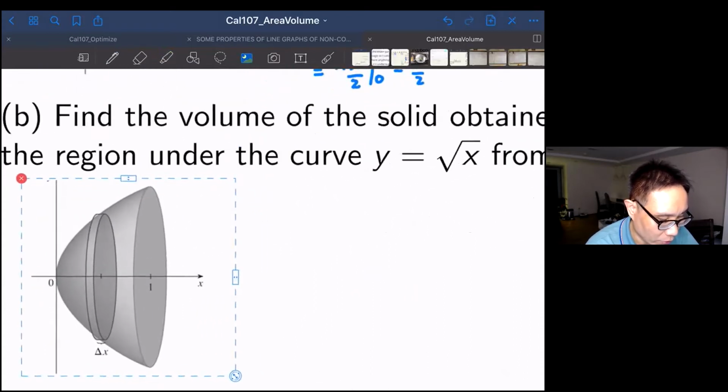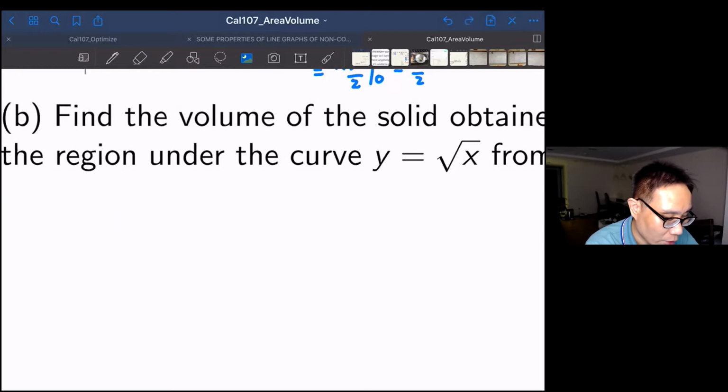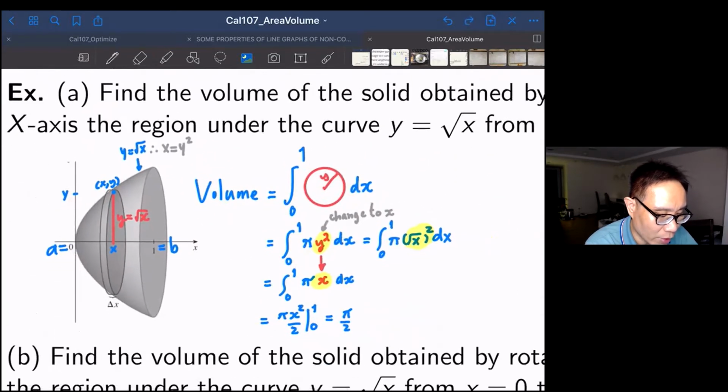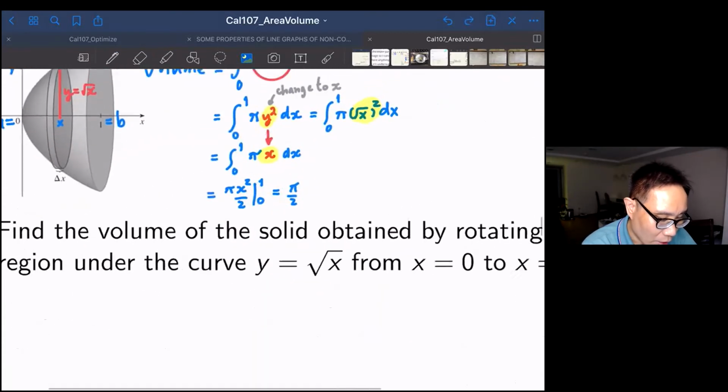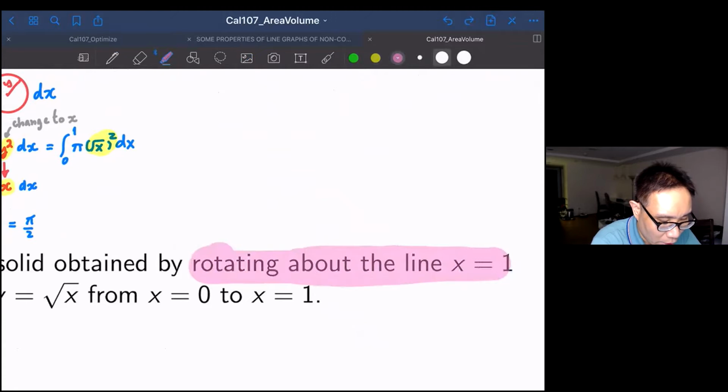Before, we rotated this region around the x-axis. Now you're going to rotate it about the line x equal to 1. So this is the difference.